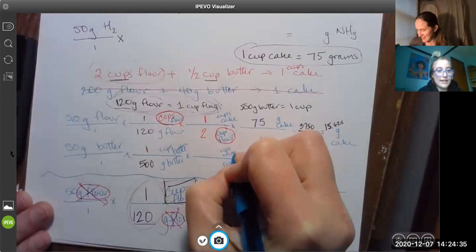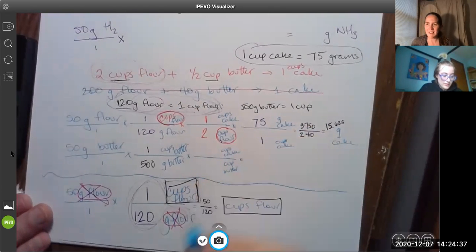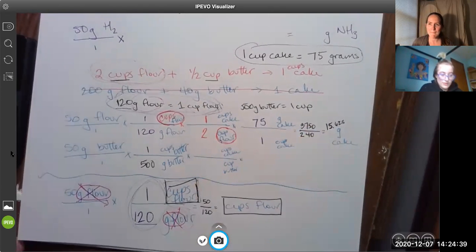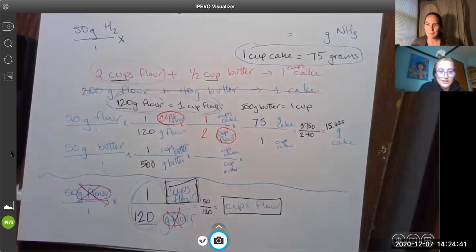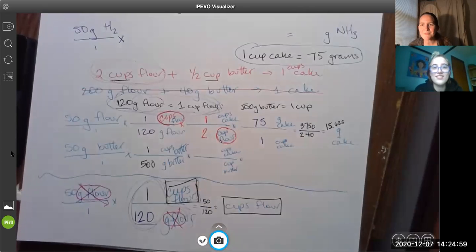Hold on, I'm blanking right now. Oh, 1/2 cup butter to 1 cup of cake.